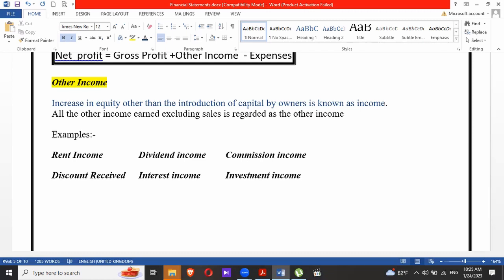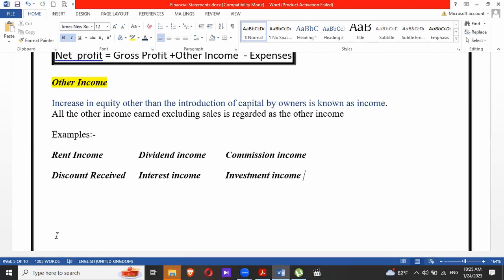If I missed any method of income, let me know. Any additional other income? Yes, you can copy down and complete your note. Other income: increase in equity other than introduction of capital by owners is known as income.